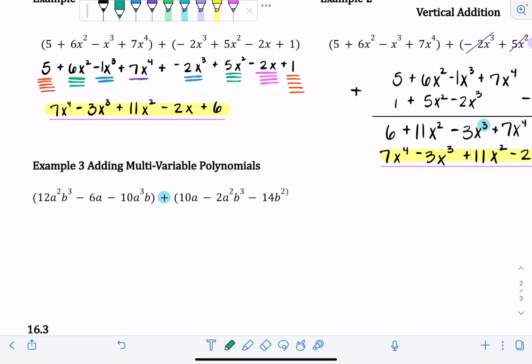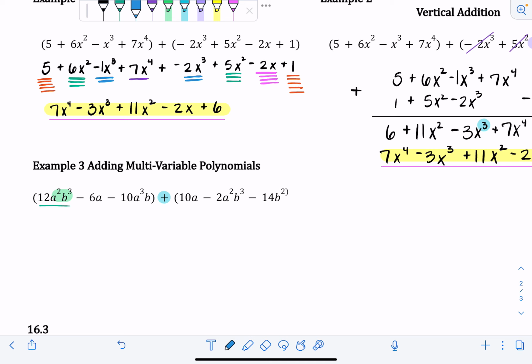So first I will look, okay, so my 12a squared b to the third power. I want to look and see if there's anything that has the same exact a squared b cubed. So this a cubed b doesn't count. It has the same variables, it doesn't have the same exponent, so it's not a like term.